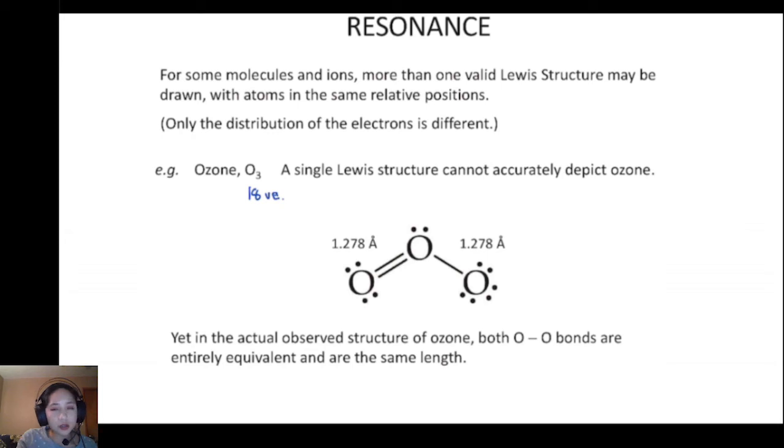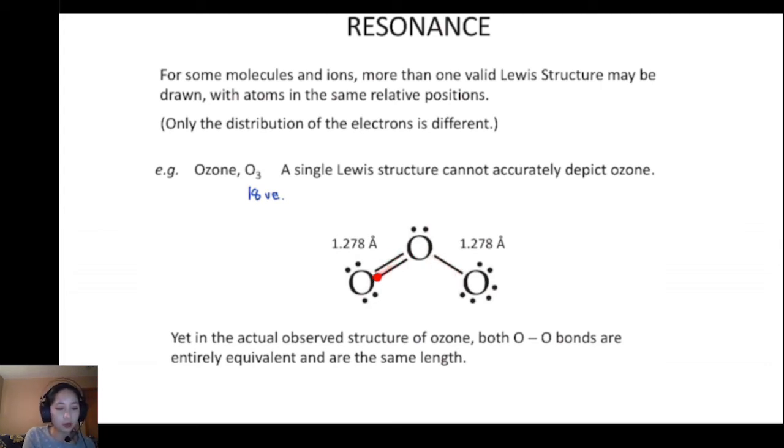Remember a few slides back where we talked about bond order. As you go from a single bond to a double bond to a triple bond, the bond lengths get shorter and the bonds overall become stronger. So you would predict, looking at the structure, that this end of ozone will have a shorter bond than the single bond side.